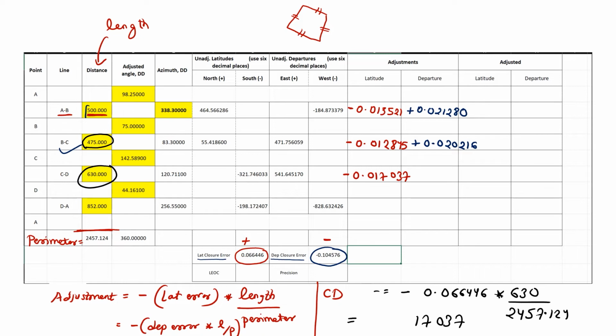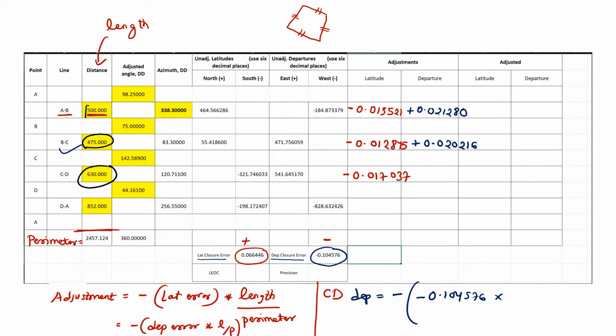So let's try this for the departure. So for departure, negative, right? And our departure is minus 0.104576. And what is the length? Again, 630 divided by the perimeter, 2457.124.